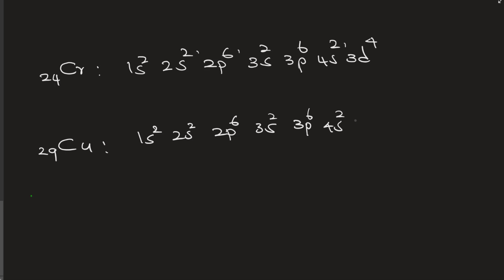Now these, Cr chromium and Cu copper, I call the C for cancellation. Remember, C for cancellation. Only for chromium and copper this is true. Now we're going to cancel what we wrote, but every other element is fine with this method. What you're going to do is steal one electron from the 4s and put it into the d.